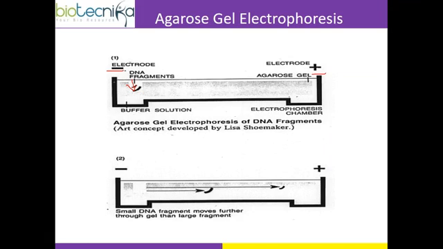Why is the DNA always loaded on the negative side? Because the charge of the DNA is negative. When I apply the electric current, it will go from negative side to positive side. Here the separation is always based upon the molecular weight. Always the smallest one will be near the positive charge, the largest one is near the loading well.